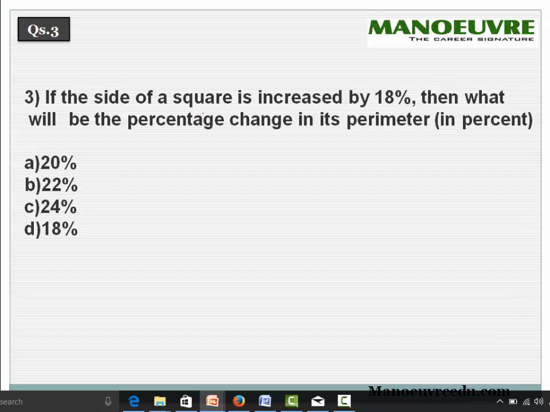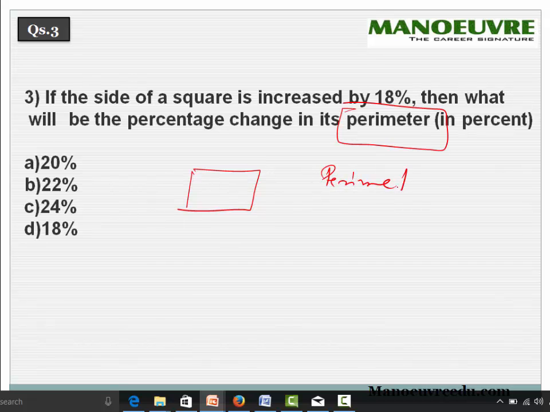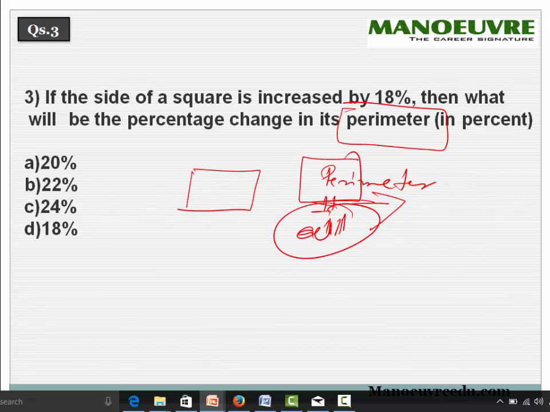If the side of a square is increased by 18%, then what will be the percentage change in its perimeter? First of all, we have to understand what the perimeter is. If you see perimeter in English, peri means all. So measurement of all the sides is required.